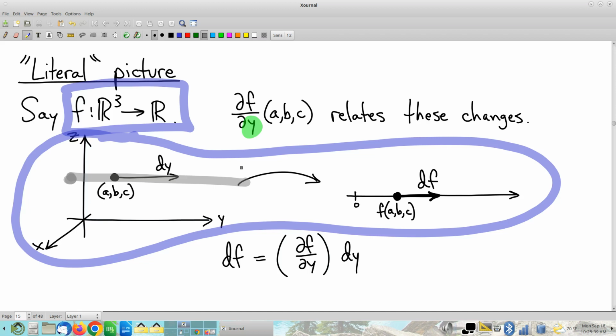In Calc 1, one of our alternative interpretations of a derivative is, if you change the input by some amount, you want to know correspondingly how much the output changes. The relationship between input changes and output changes, that's what a derivative is. So this partial derivative with respect to y, it's not really a geometric thing on this picture.